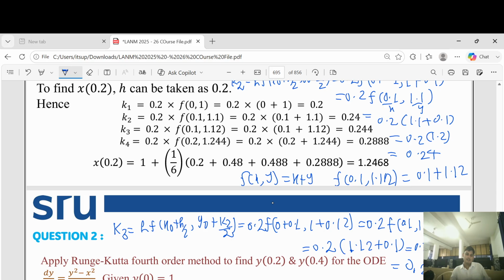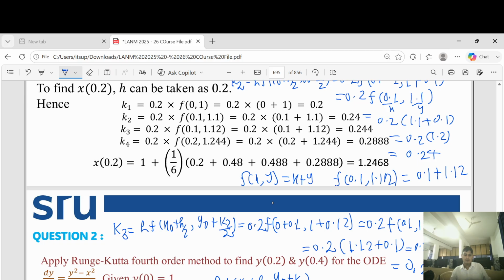Now we evaluate K4. K4 is h times f of x naught plus h comma y naught plus K3. So h is 0.2, x naught is 0 plus 0.2, y naught is 1 plus 0.244. So this becomes 0.2 times f of 0.2 comma 1.244.